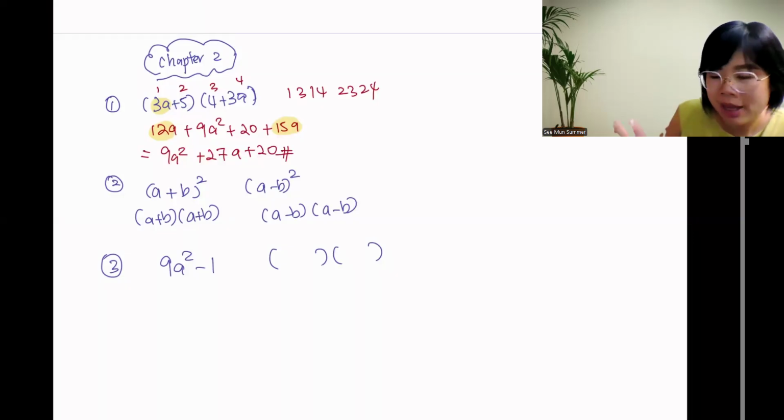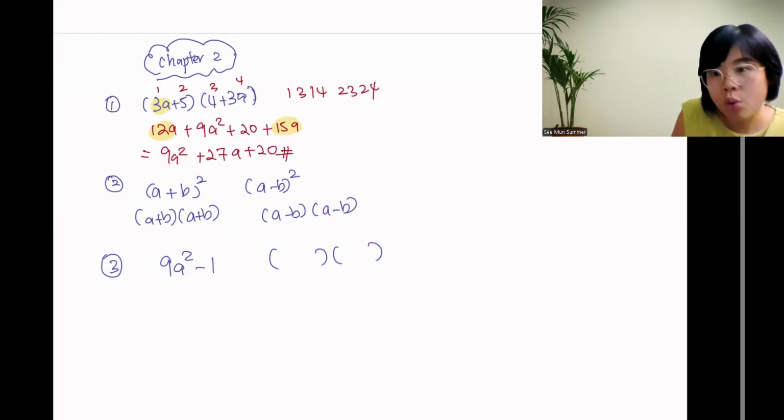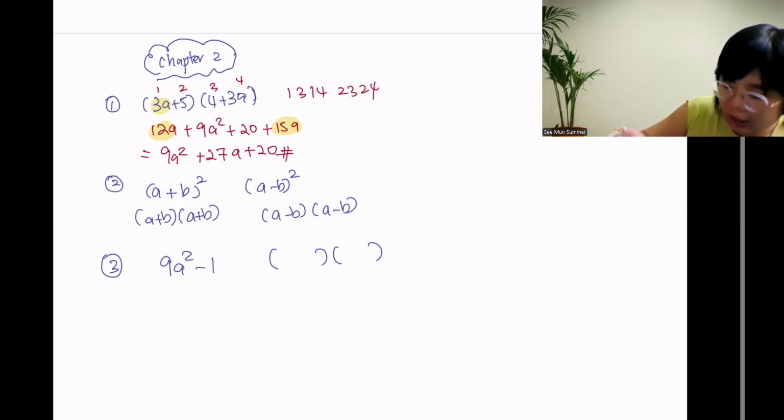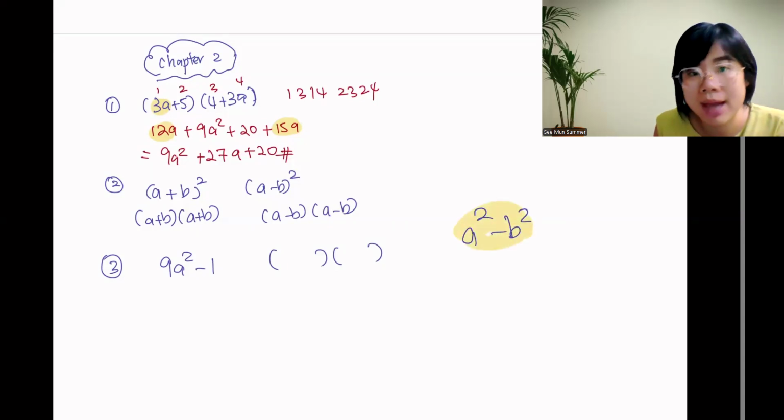Do you still remember? Can you see that? No, you're not doing square root here. But remember, what is the characteristic of that? Actually, you have to make it a square minus b square. Highlight, this is the term you want to change. Make it a square minus b square.